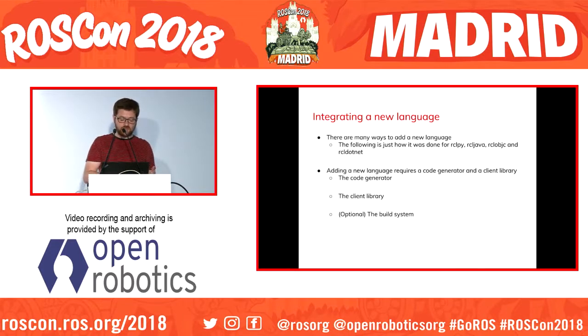And also the client library, which wraps RCL into idiomatic constructs for whatever language you're targeting. You could also add support for the build system. Many modern languages have their own build system. You don't necessarily need to do that unless you want to integrate with AMENT and COLCON.